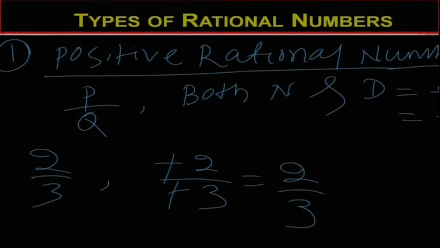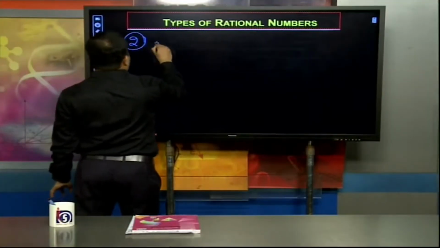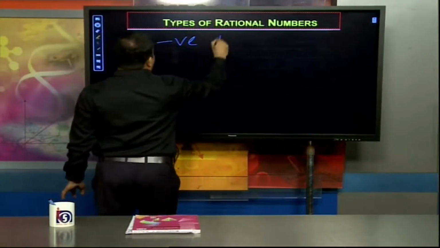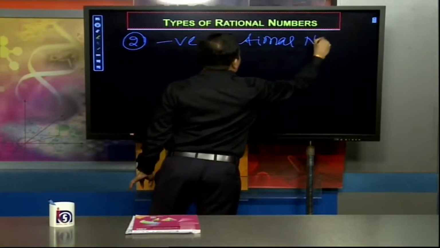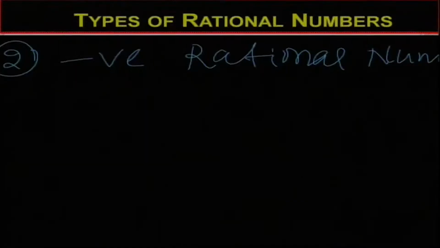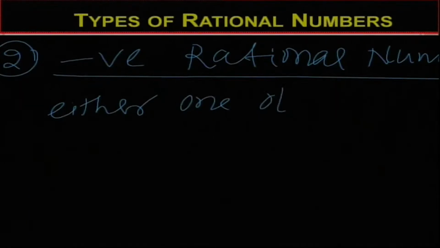Now, the second category of rational number is the negative rational number. In a negative rational number, either the numerator or the denominator is negative.